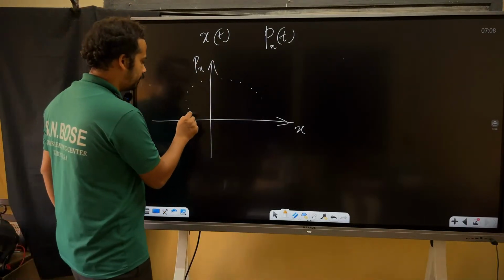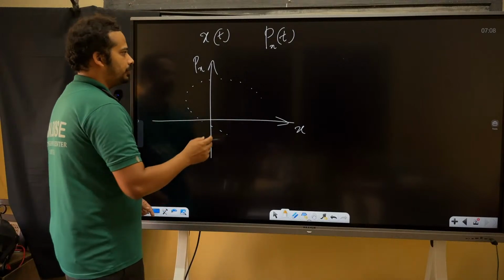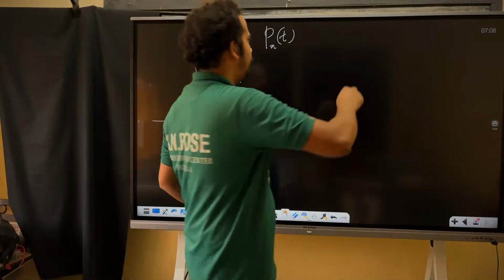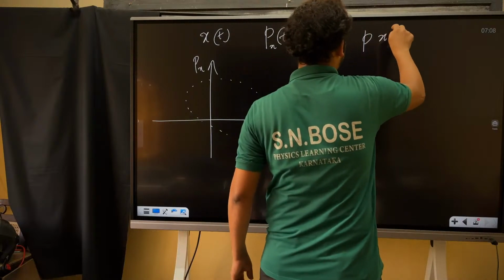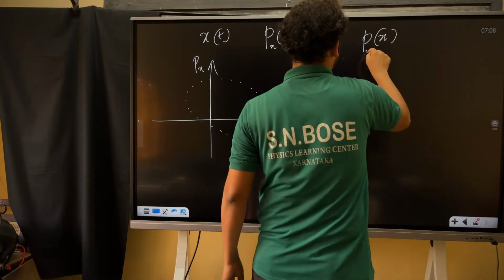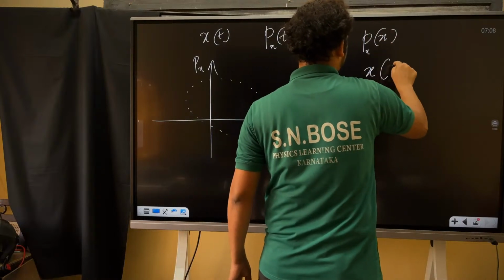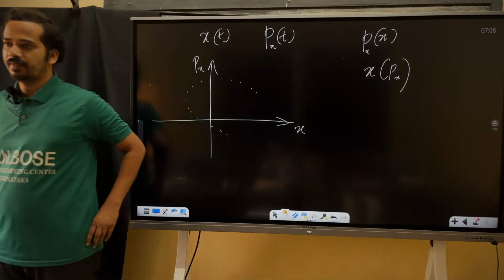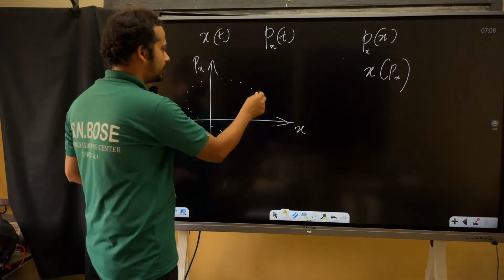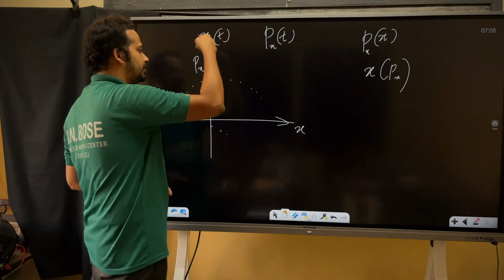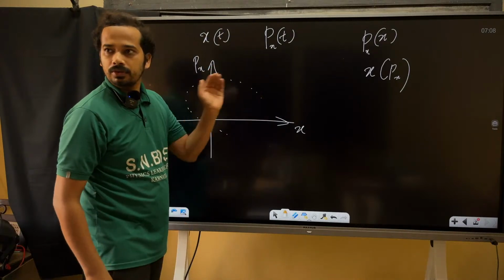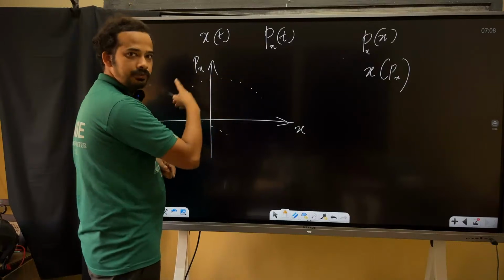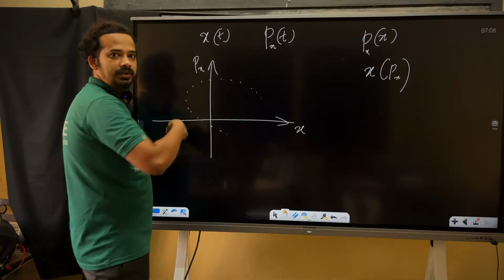Now suppose you eliminate time from these equations, and find p as a function of x, or x as a function of px. What do you mean by eliminating time? These are the points our system acquired in phase space at different instants of time.